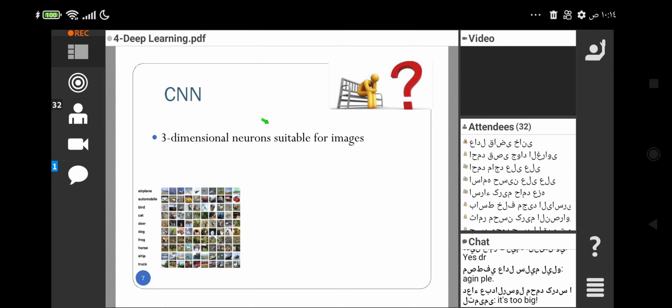Because we have three-dimensional neurons, the number of inputs in CNN is less than the number of inputs in a normal neural network.